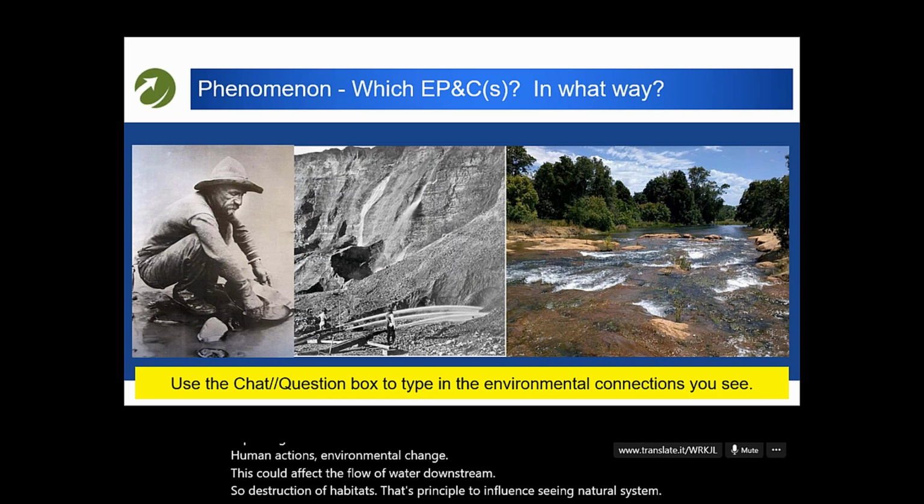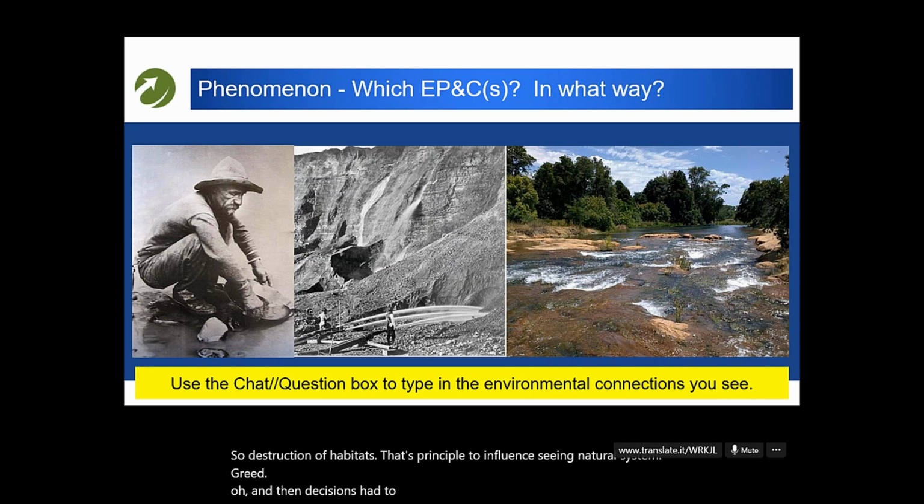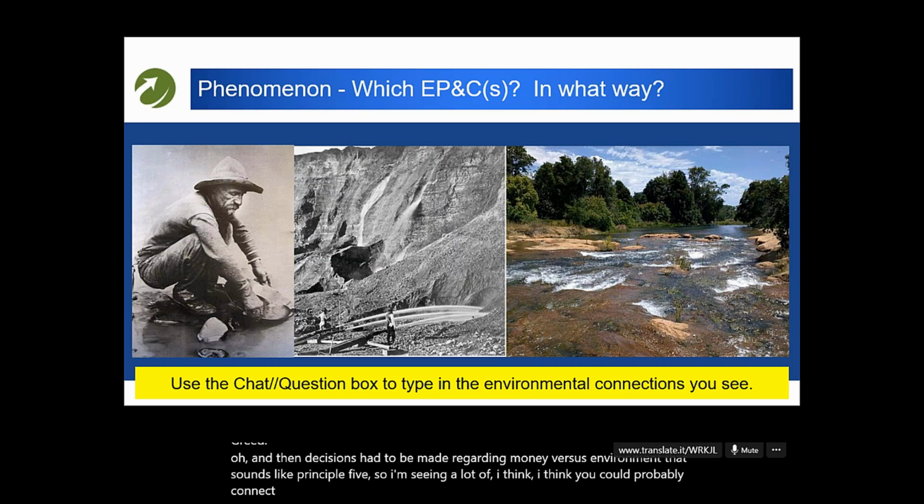Yes. And then decisions had to be made regarding money versus environment. That sounds like principle 5. So I'm seeing a lot of, I think you could probably connect this phenomenon with all of the principles. Yes. And so you would choose which ones made sense that you would focus on with your students.